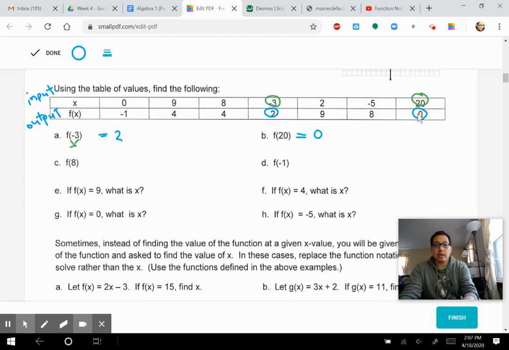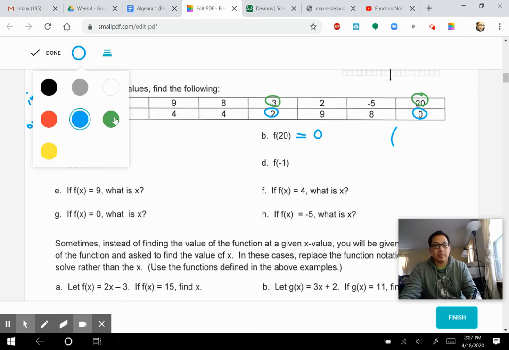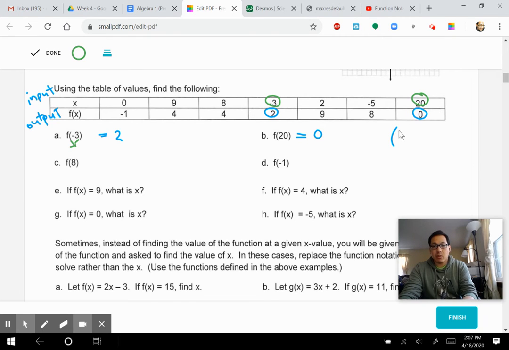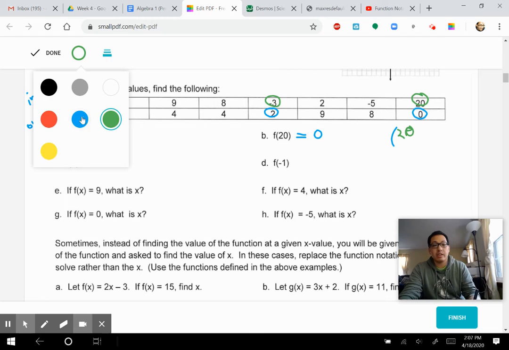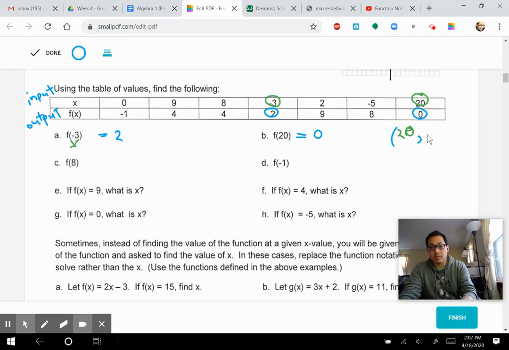So there's a way to translate these points. As a point, we could say the x was 20, and on the graph, the point would have been 20, 0.